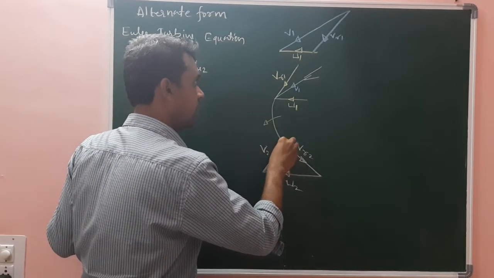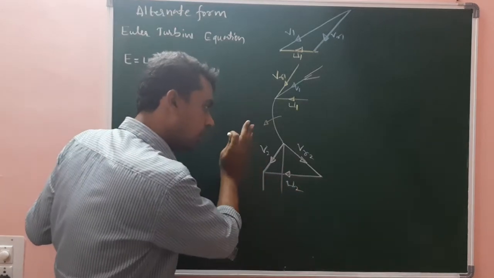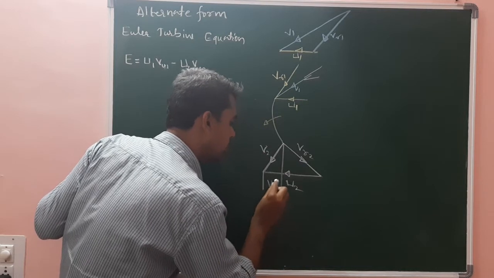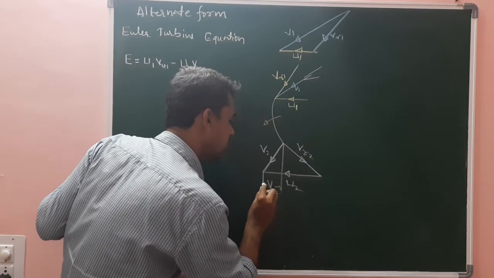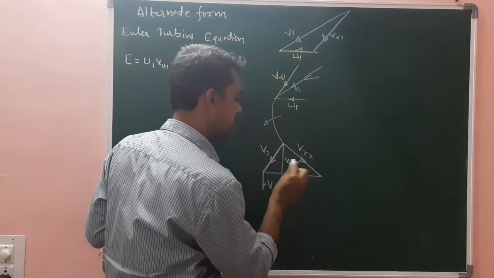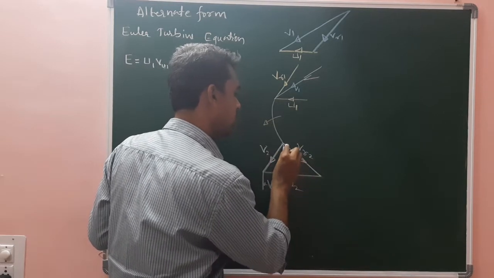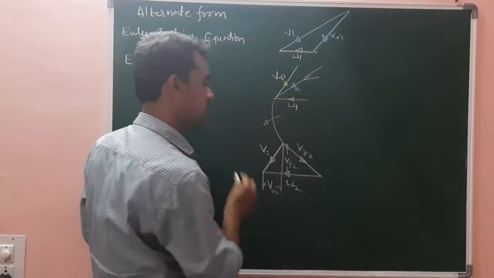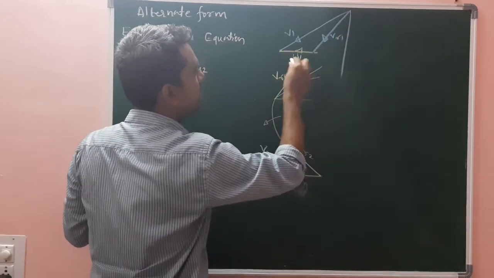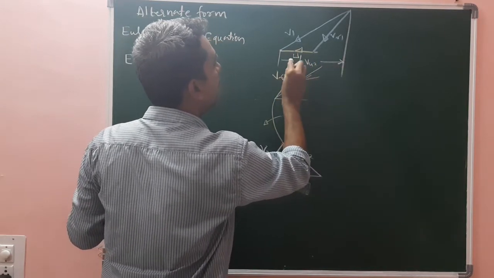From this triangle, the horizontal projection of V2 is Vu2, the horizontal projection of absolute velocity, and the vertical projection is Vf2. We can draw it similarly here.